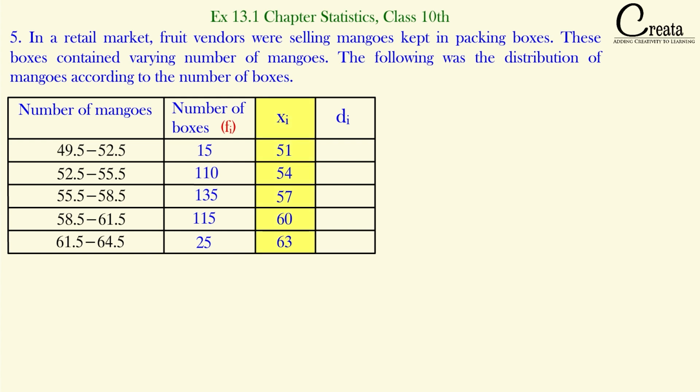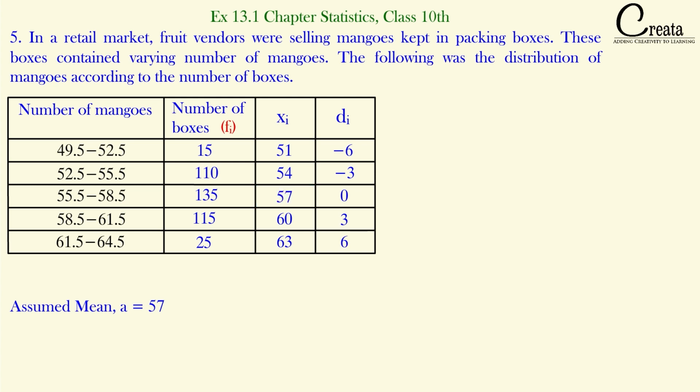Here if you observe all these xi values, the middle point is 57, which we generally denote as the assumed mean, that is A. We subtract this assumed mean from all the values of the observation, which is xi, to get the deviation, which is di. On solving, we got all the values of di as -6, -3, 0, 3 and 6.